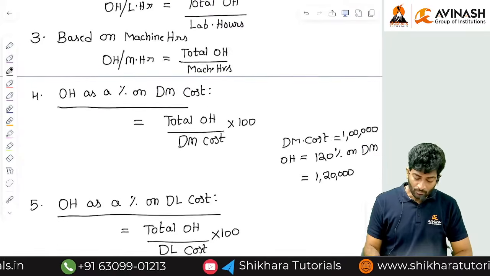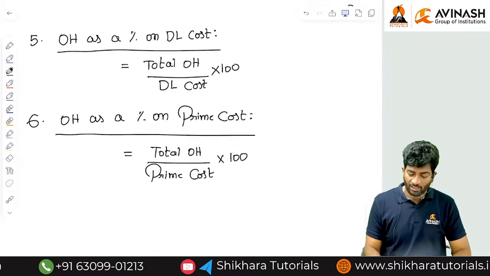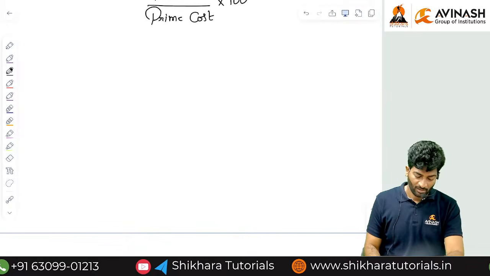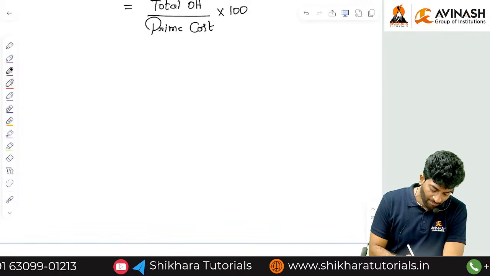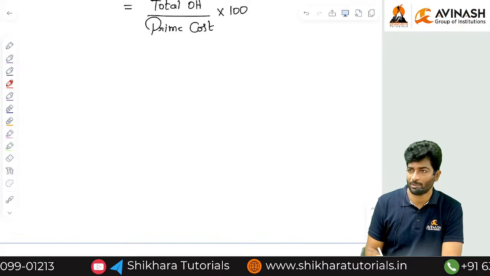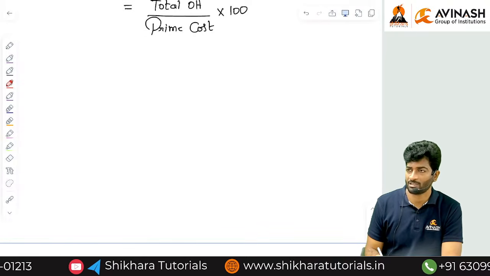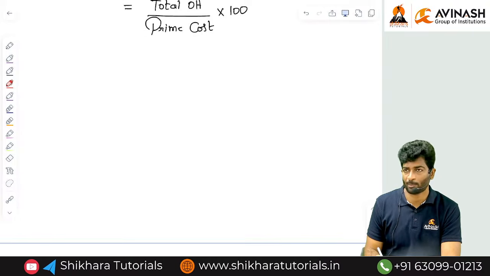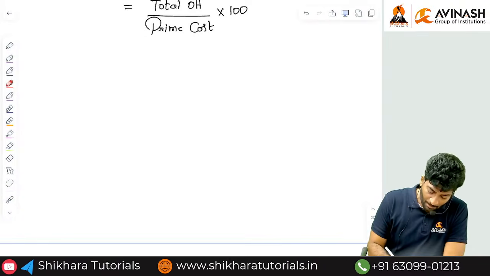Now, what are they doing in these traditional methods of absorbing overhead? See, in a factory, you will have two types of departments. One is production departments and the other one is service departments or supporting departments, right?